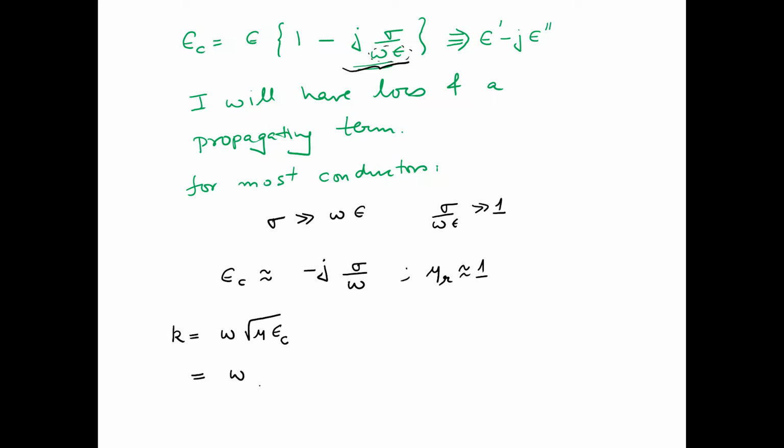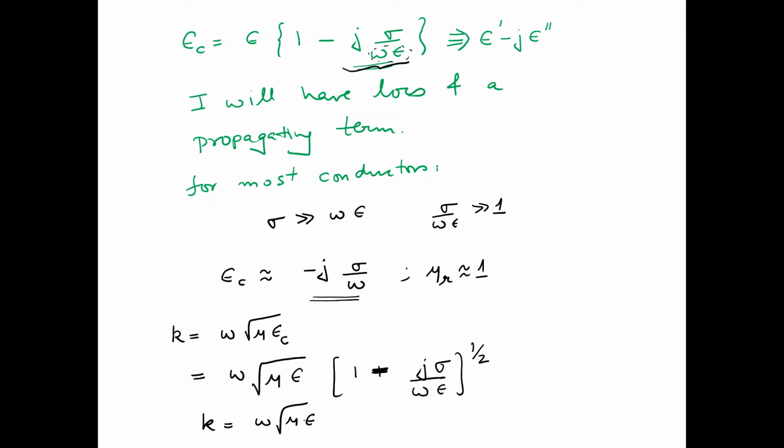So this becomes omega square root of mu epsilon times (1 minus j sigma by omega epsilon), the square root of that. And if I assume that this condition is true, then my k becomes omega square root of mu epsilon times (minus j sigma by omega epsilon), the square root of that.